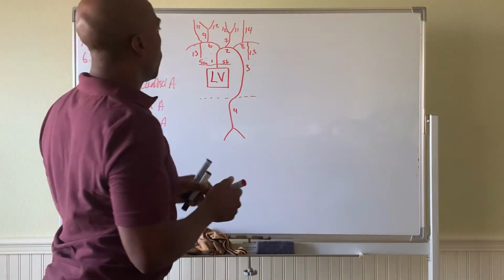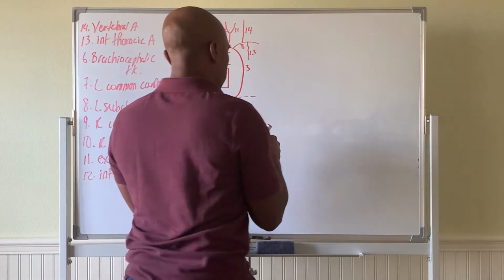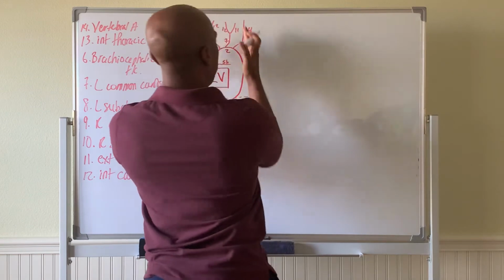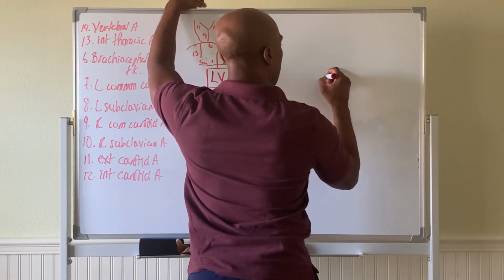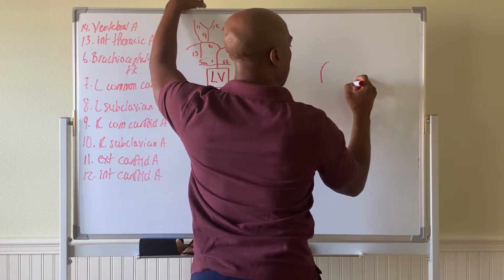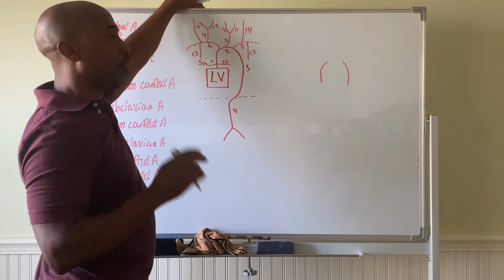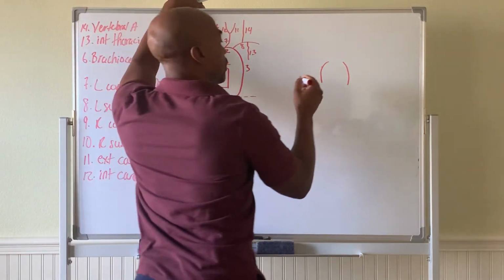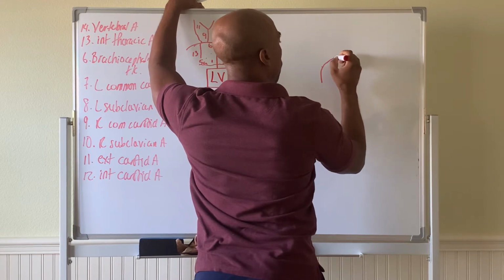So while we're here, let's keep going up. Now we're going to do a little blood flow to the brain specifically. Over here, we're going to start with your vertebrals, your 14s. They come up through the transverse foramen of the cervical vertebrae, and then they merge to form what's called a basilar artery.